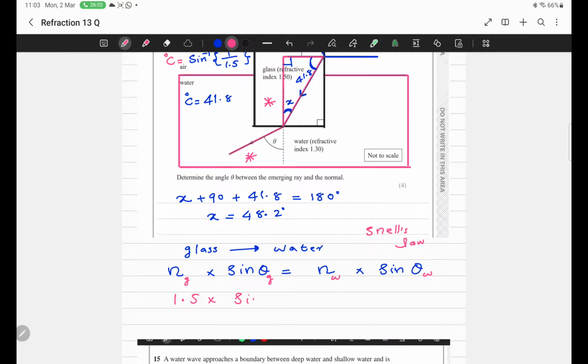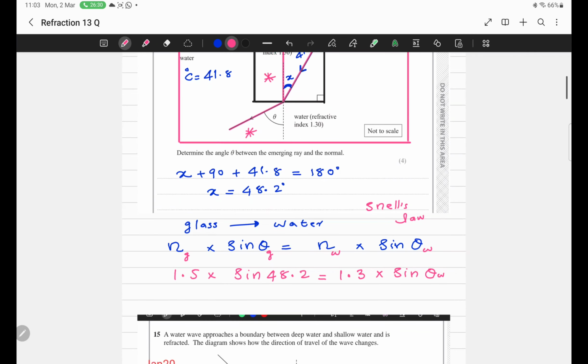and the angle is X, and we have calculated this angle. This angle is 48.2 degrees is equal to the refractive index of water. So the water refractive index is 1.3, and we are calculating sine theta, theta in water.